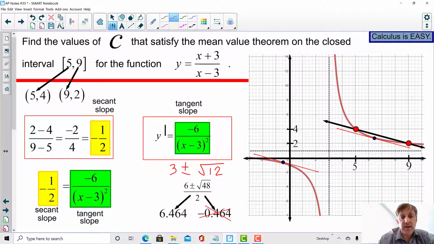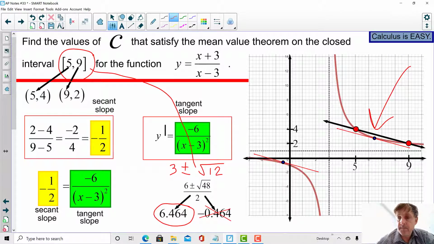Now, we are getting two answers, but we can only use the answers that land inside of our interval. So which answers land inside of our interval? Well, only the one that is 3 plus the square root of 12. That's this point right here. 3 minus the square root of 12 is over here. The slope of the tangent line is equal to the slope of the secant line over there, but it's not inside of our interval from 5 to 9.